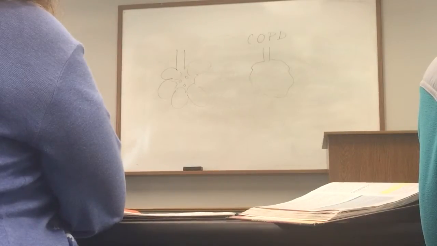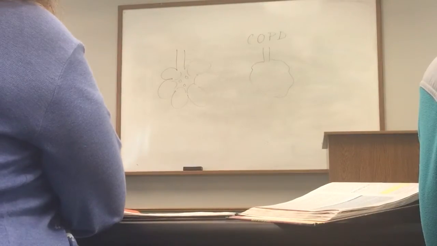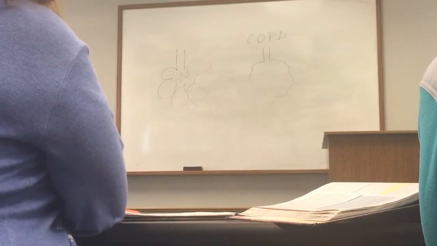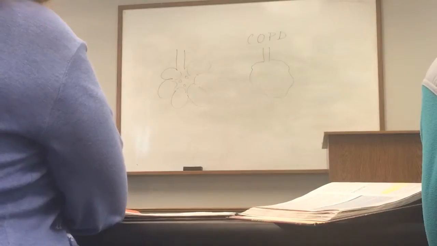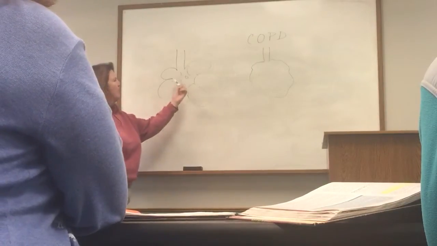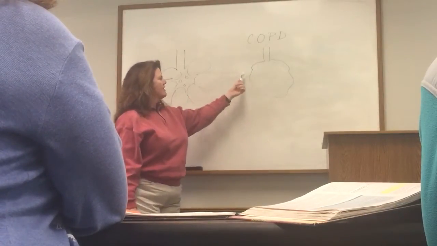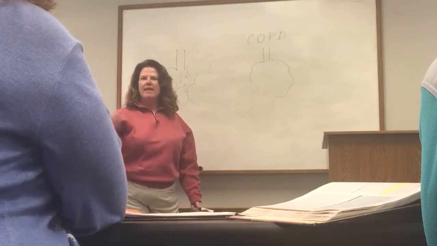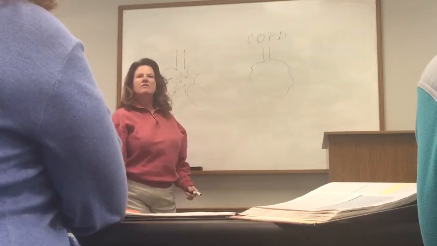And so you have seen these people, this is the end result of cigarette smoking. All the alveoli are gone, the surface area is gone, so now they are already short of breath because they can't move carbon dioxide and oxygen as fast.